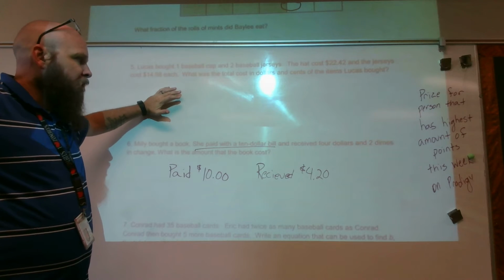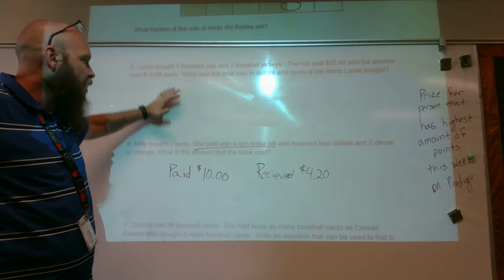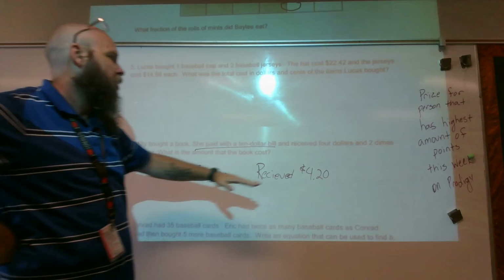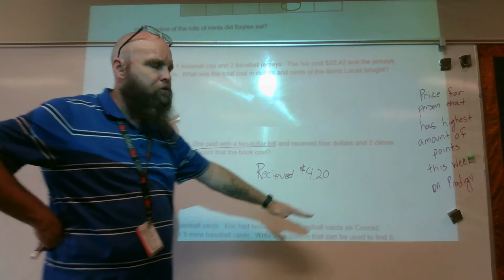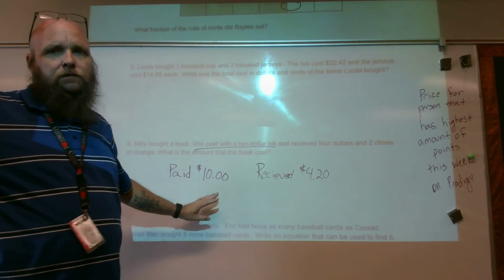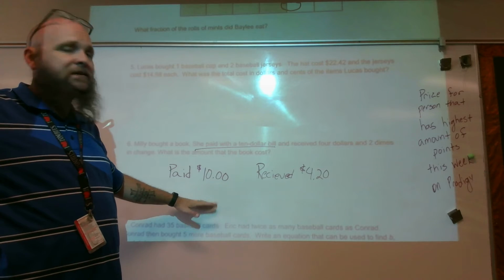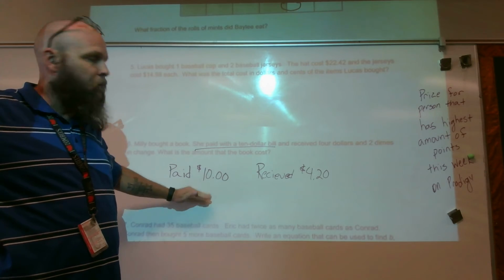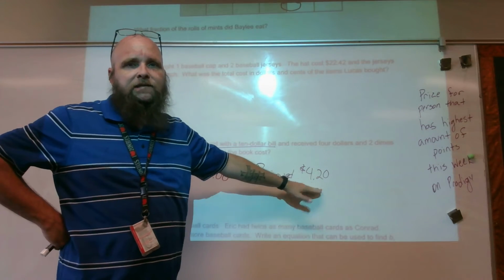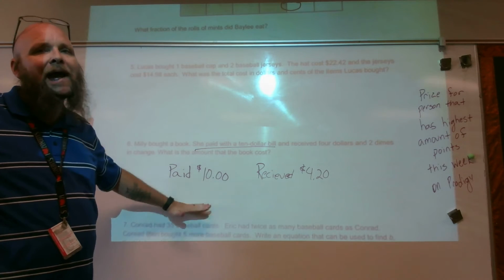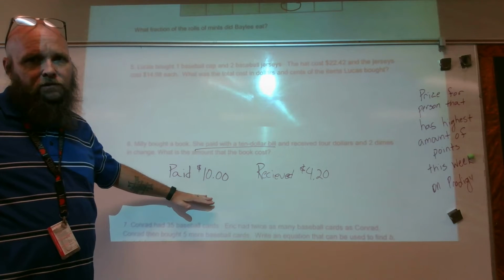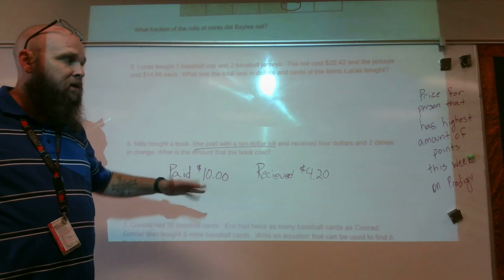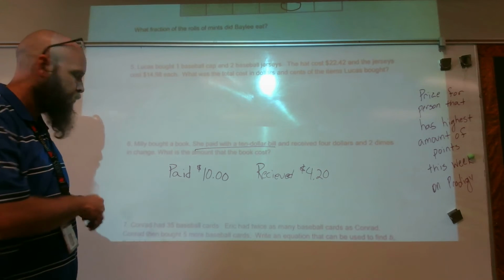So, if I just did $10 minus $4, I'm going to get $6. But $6 cost is too much because she also got 20 cents back. So my answer has to be less than $6. It has to. Simple subtraction.